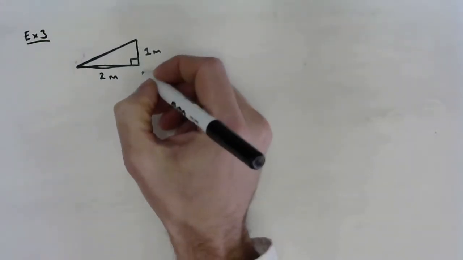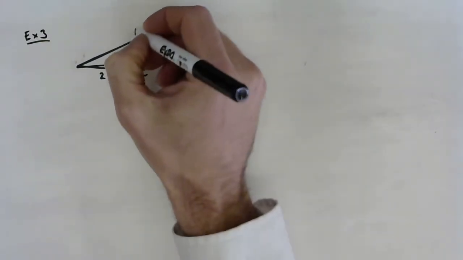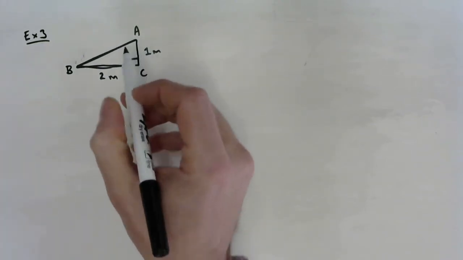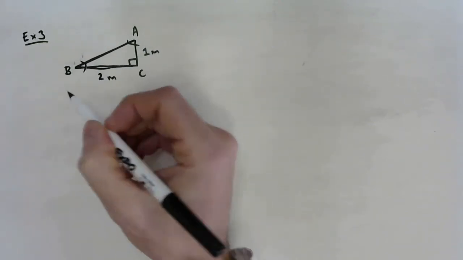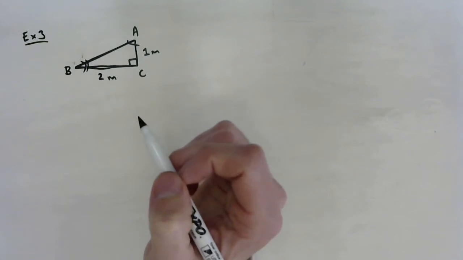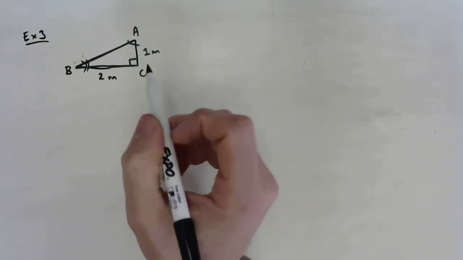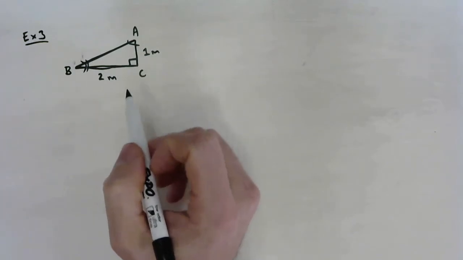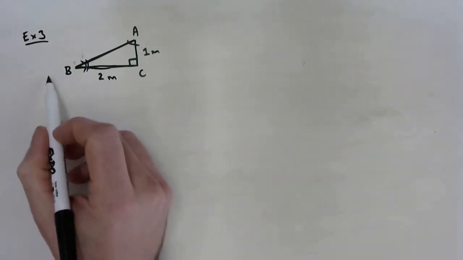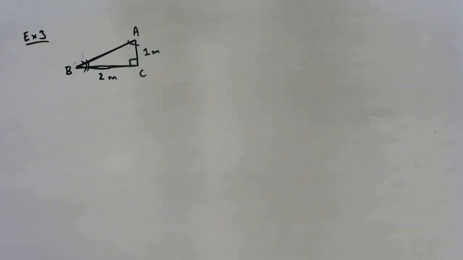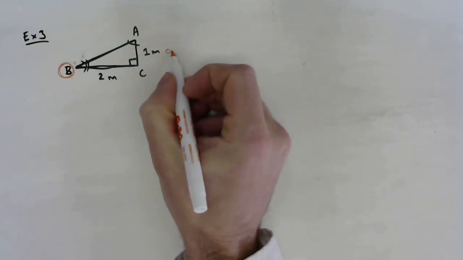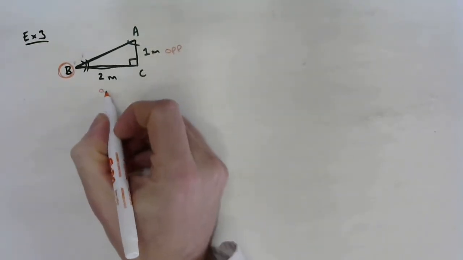So what is that asking us? That's saying, essentially, what is the measurement of angle A? What is the measurement of angle B? That's all we're finding. And we have 2 measurements. Now, if we look from angle B, I'm going to do it in 2 different colors. If we look from angle B, orange, we have opposite and we have adjacent.